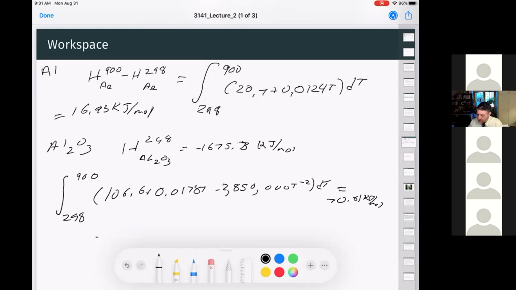So therefore, that's the change. So the total enthalpy of alumina at 900.